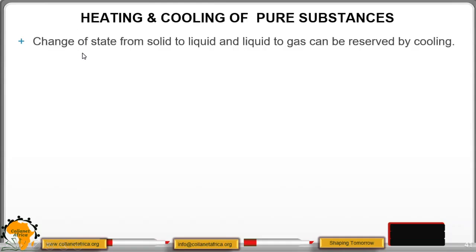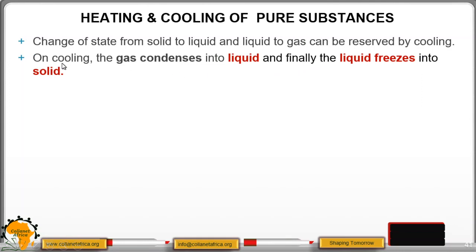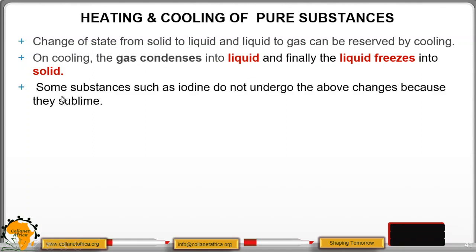Heating and cooling of a pure substance. The change of state from solid to liquid and liquid to gas can be reversed by cooling. On cooling, gas condenses into liquid, and finally liquid freezes into solid. Some substances such as iodine do not undergo the above changes because they sublime.